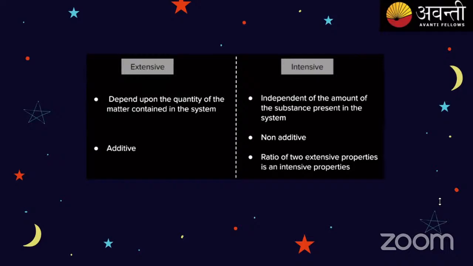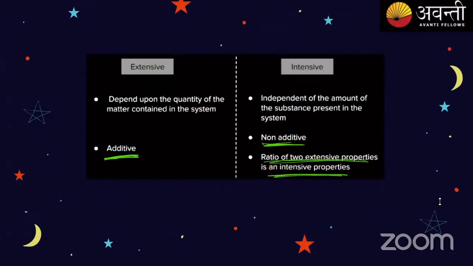Extensive properties are additive in nature, but intensive properties are not additive in nature. The ratio of two extensive properties is an intensive property. Right? If you take a ratio of extensive properties, you get an intensive property. Some examples of extensive properties: mass, volume, heat capacity.